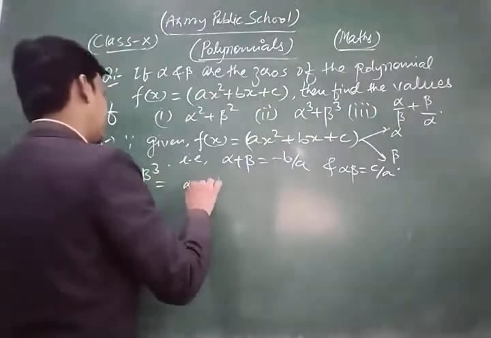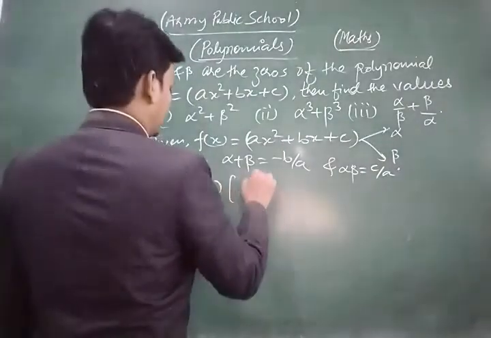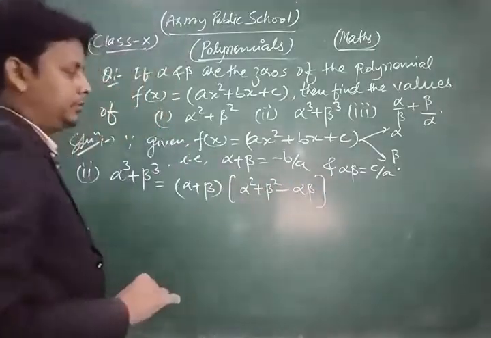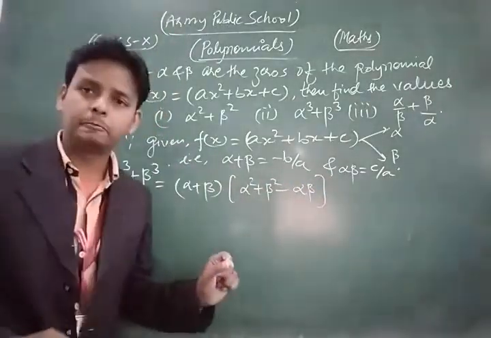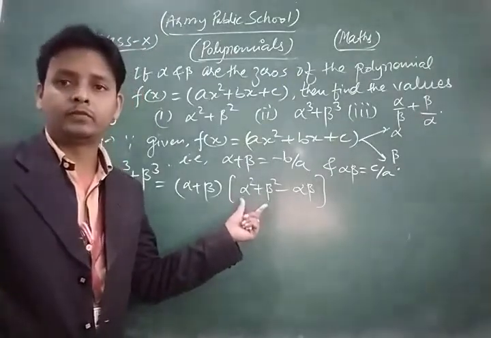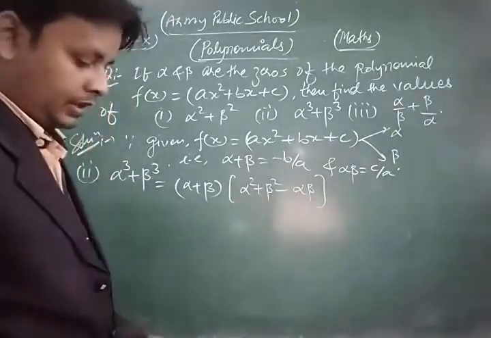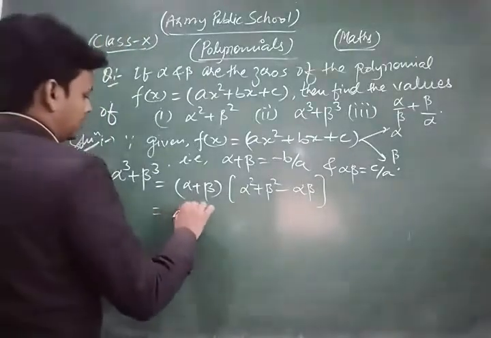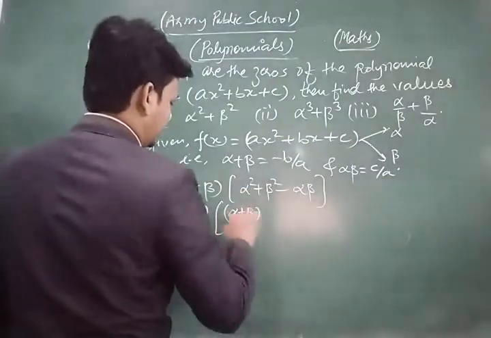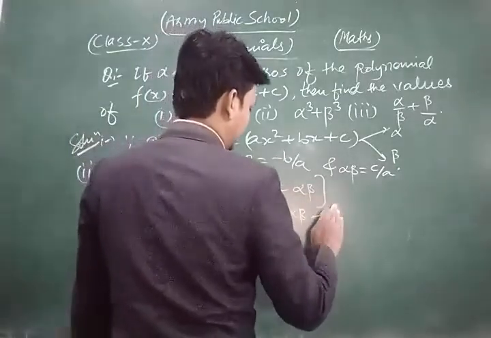This is a plus b in one bracket, and in another bracket this is a square plus b square minus ab, meaning alpha square plus beta square minus alpha into beta. But dear student, we don't know the value of alpha square plus beta square, so we replace the value of alpha square plus beta square by using the algebraic identity. So we can write alpha plus beta whole square minus 2 alpha beta and minus alpha beta, right, as it is.